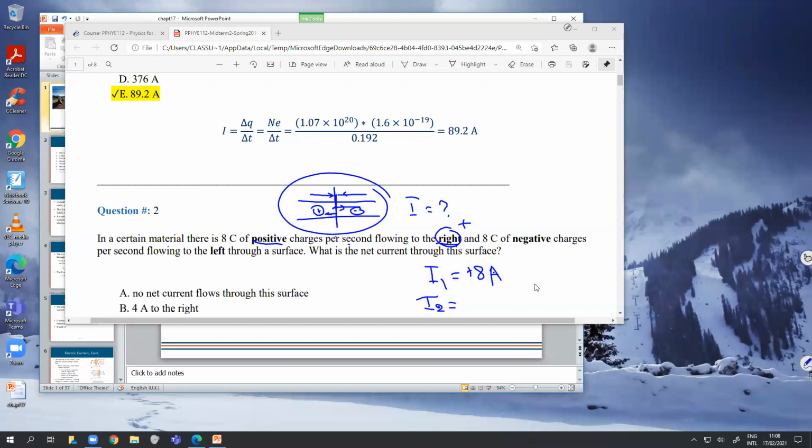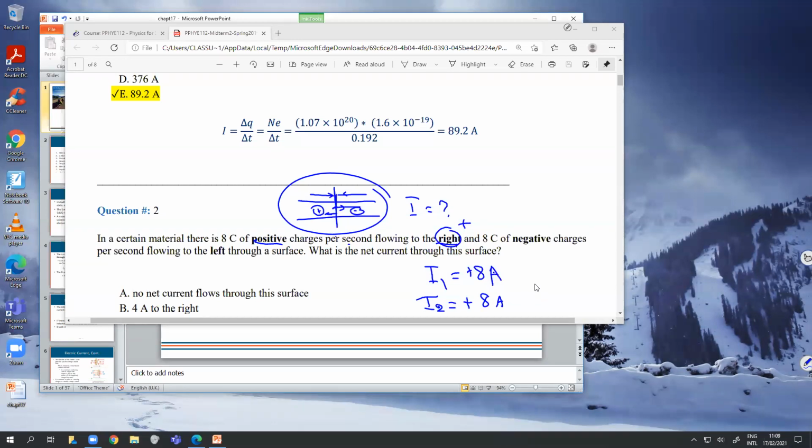Again, the same rate, 8 coulomb per second. That means the current is 8 amperes, but the charges are flowing to the left, which means the current is to the right. So the current due to that negative charge flow will also be plus 8 amperes. Did you get it?